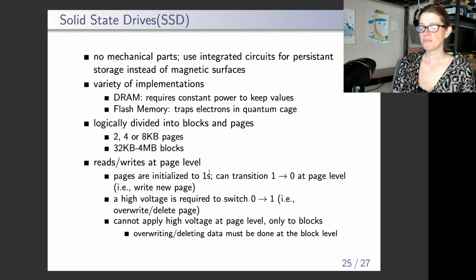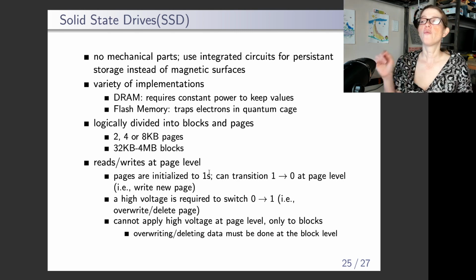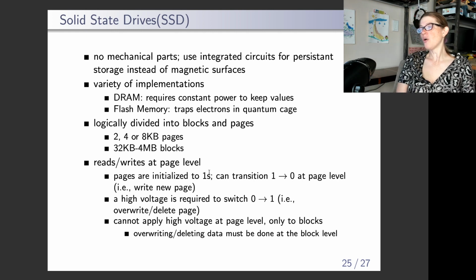The idea was that in order for RAM to keep its value, it has to be constantly powered. So what they did was they put a bunch of capacitors, which you can think of as tiny little batteries. They can hold a small charge for a small period of time. And so they mixed these capacitors in with the RAM circuitry.